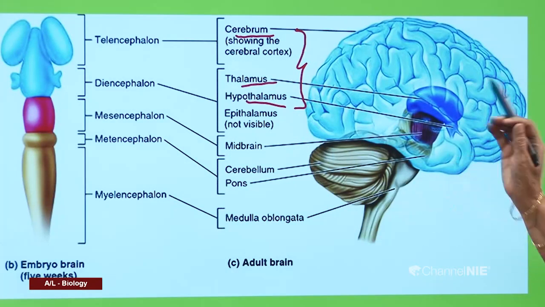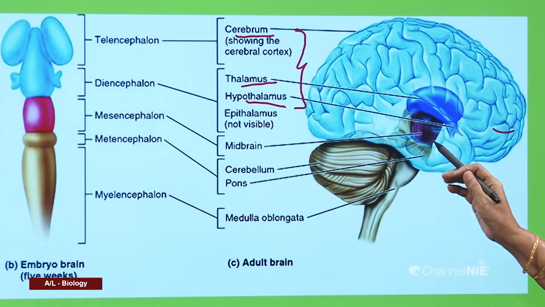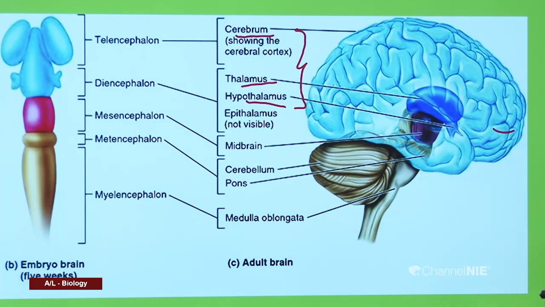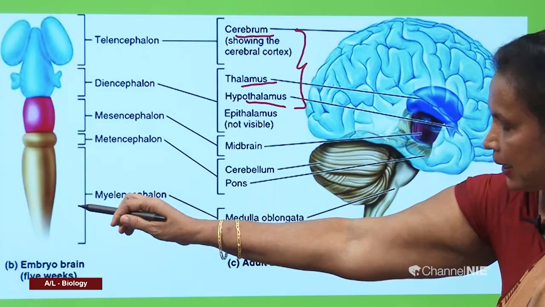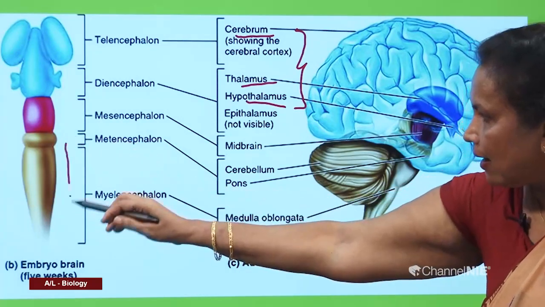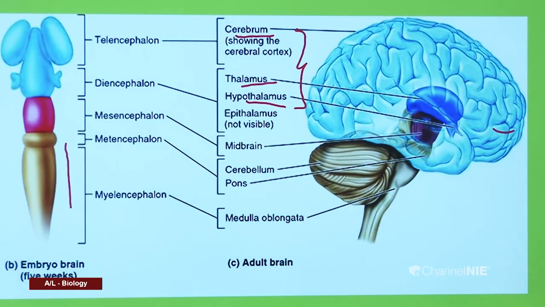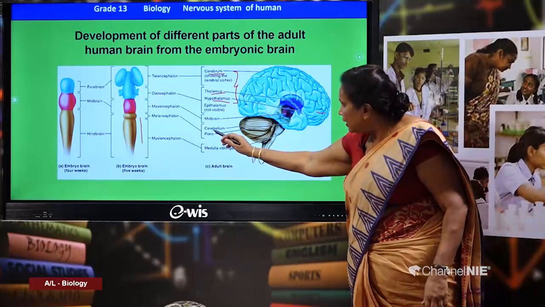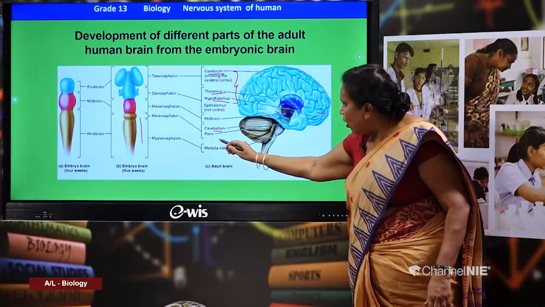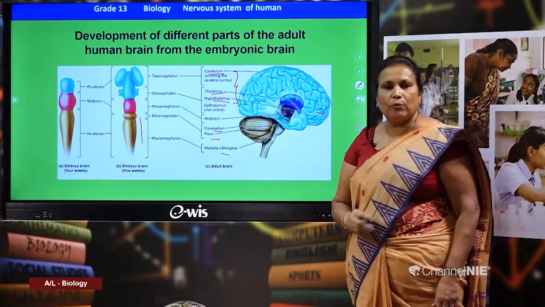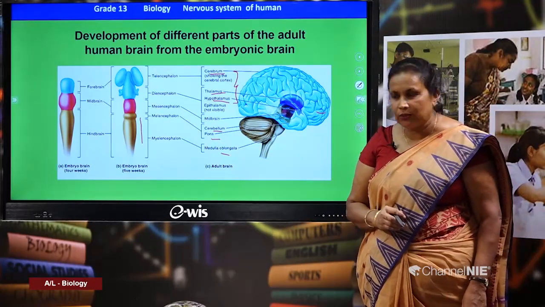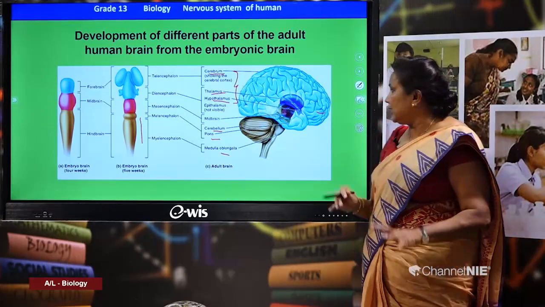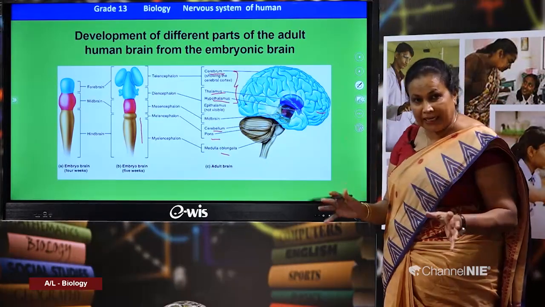It develops into the midbrain region, right? Then if you go to the hindbrain region, it develops into three major parts which are called cerebellum, pons and medulla oblongata. Understood? Right? So these are the parts of the brain.